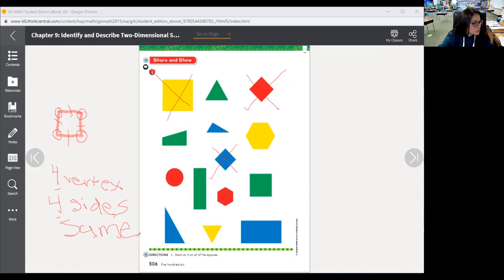How about this red one right here? Davis, this red one right here, buddy, is that one a square? Yes or no?